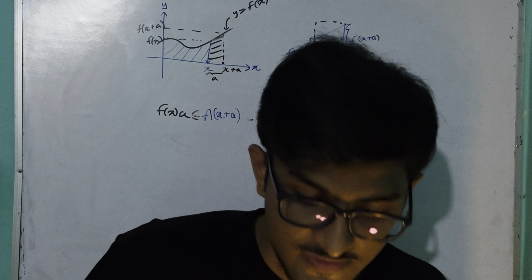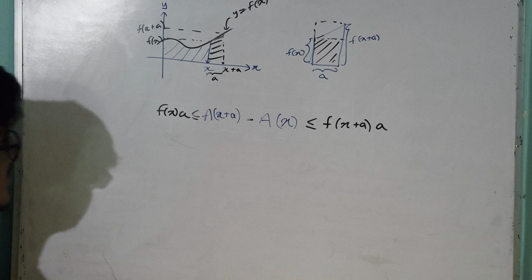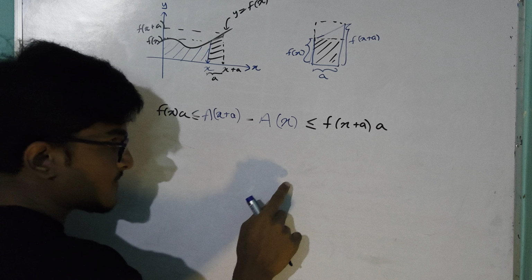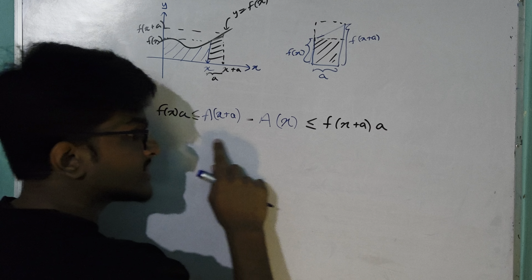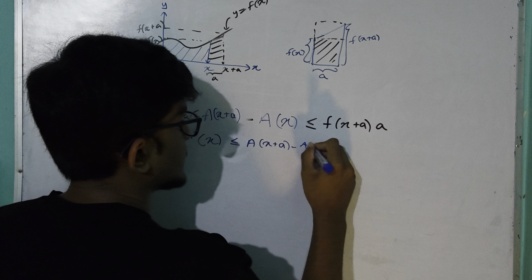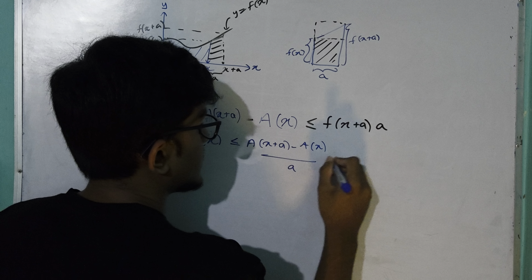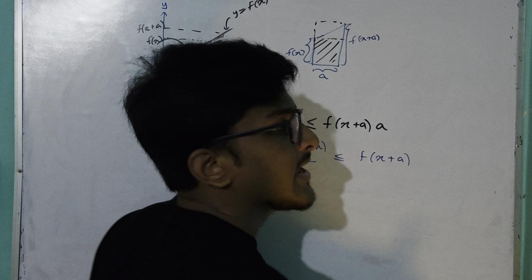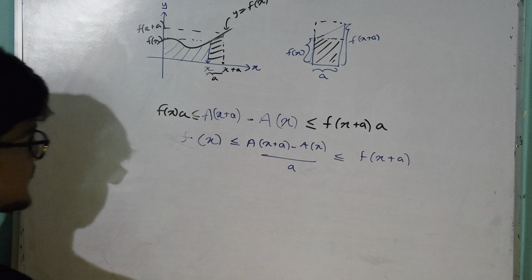Alright, here comes the fun part. Now what I'm going to do is divide this whole expression by a, and it would look something like this: A of x plus a minus A of x, divided by a, is less than or equal to f of x plus a. A is obviously greater than 0. Okay.